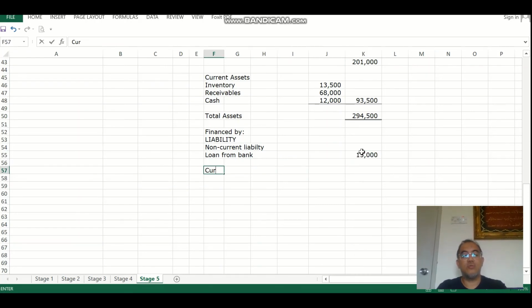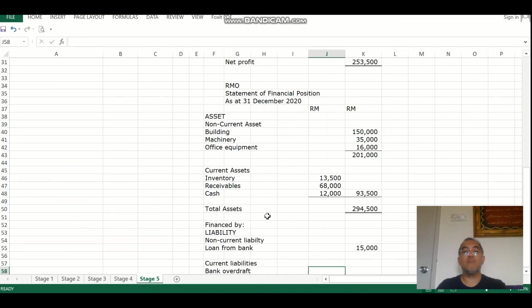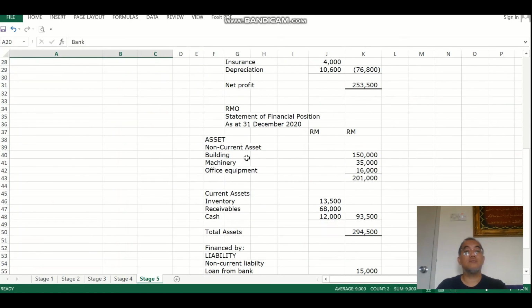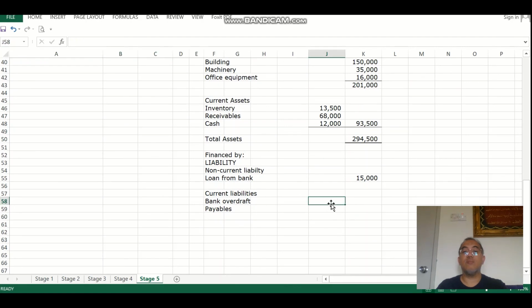Move on to current liabilities. Because we have two. One is my bank overdraft and the second one is my payables. So just now, how much is my bank overdraft? Bank is 9,000. So I just put here bank overdraft 9,000.